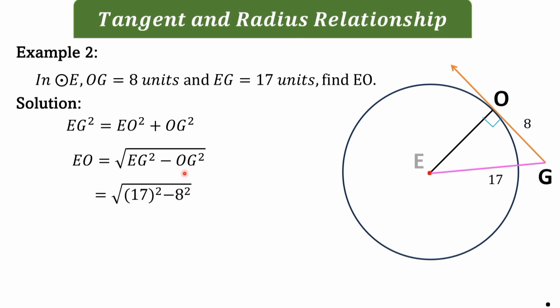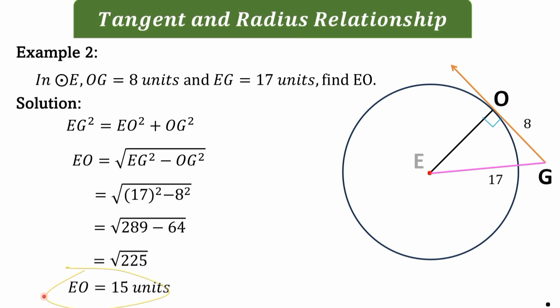Substituting the values, that is the square root of 17 squared minus 8 squared, is equal to the square root of 289 minus 64, which is equal to the square root of 225. The length of EO is equal to 15 units.